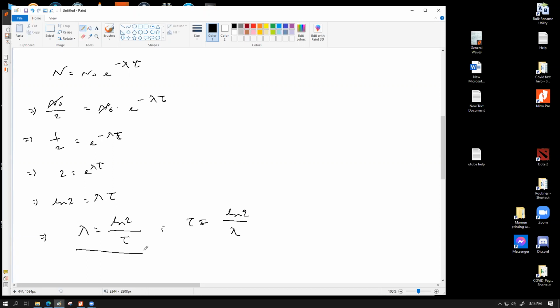I made a mistake earlier and corrected it. We get both equations, and both are useful for mathematical purposes. The basic idea is that ln 2 is the numerator for both equations, and whatever you make the subject, the other thing goes in the denominator. That's how I used to remember it.